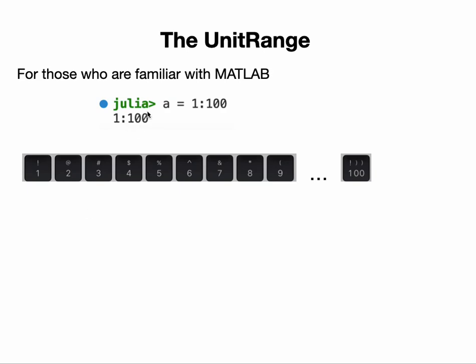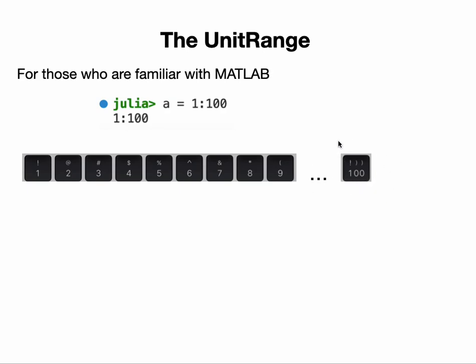Another type which is important is the unit range. Those who are familiar with MATLAB, I guess you've seen this notation quite a lot. If we make a equal to 1:100, it will generate a sequence of numbers with a step of 1, starting from 1 and going to 100. So in Julia it will look like 1:100. It will generate 1, 2, 3, 4, 5, this type of sequence until 100.